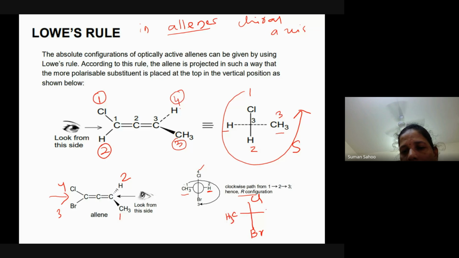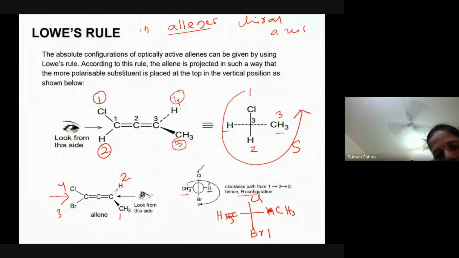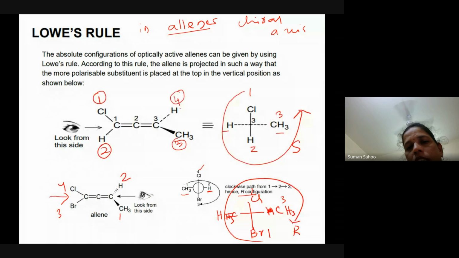Okay, I just got it, this one would be hydrogen, with CH3 on your right-hand side when you are viewing from this side. So CH3 on the right side, so 1, 2 and this is 3, so this is also giving you R. So whether you are seeing it from this side or from this side, it is going to give you the same configuration.